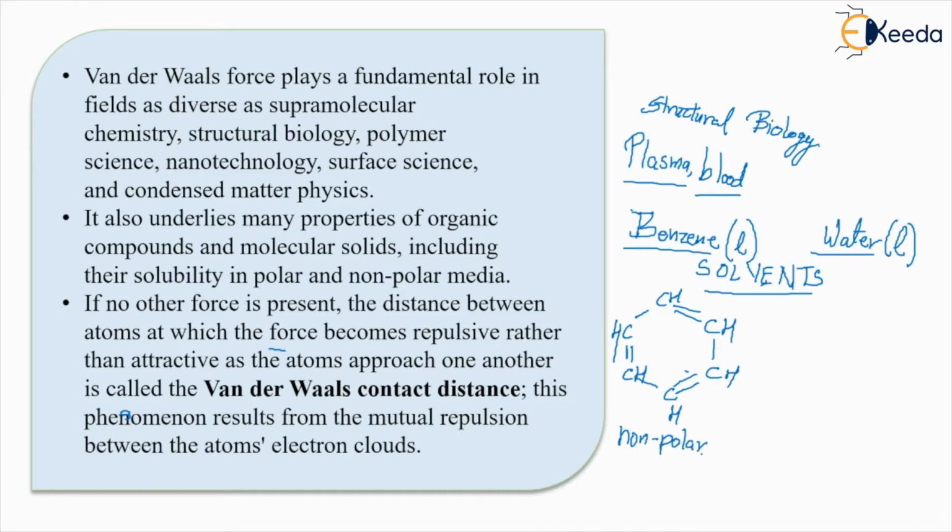in nature. But when I talk about water, H2O, the O is in the middle, both the H is on both the sides. Since O is very electronegative, if I consider this particular bond, this hydrogen will get a little positive sign, this oxygen will get a little negative sign.